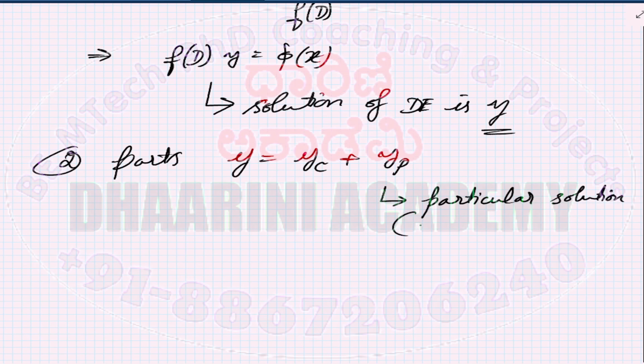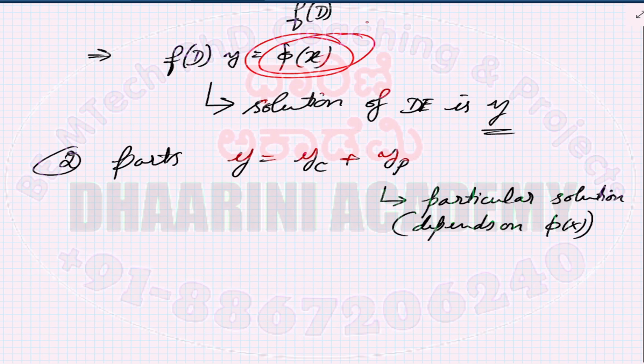Why is it called the particular solution? Because it depends on what is the function that is present on the right hand side. For example, if this is sin x, the answer is different. Instead of sin x, if I have something like e to the power x, the answer will be different. So that's why we write that it depends on phi of x.